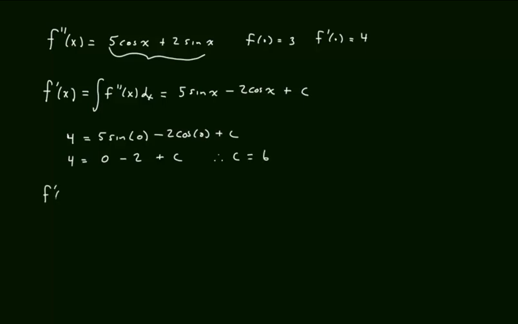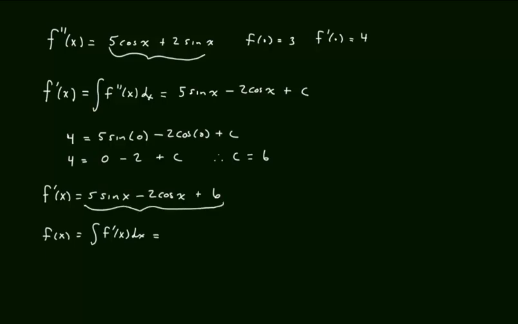So f prime of x is 5 sine of x minus 2 cosine of x plus 6. But now I have to find f of x, which is the antiderivative of f prime of x. And so we'll do the antiderivative of this. And that will come out to be negative 5 cosine x minus 2 sine x plus 6x plus c.